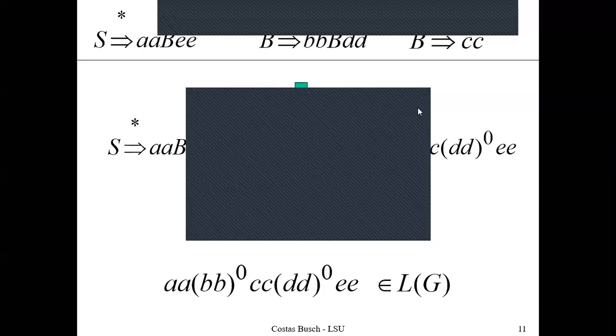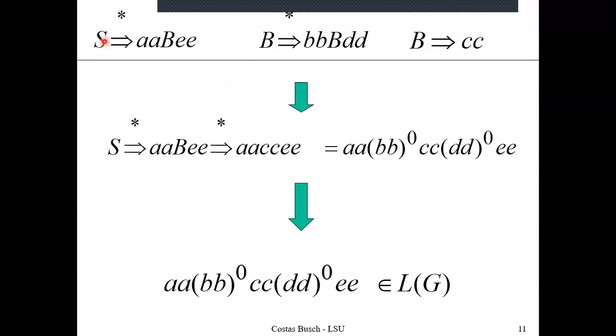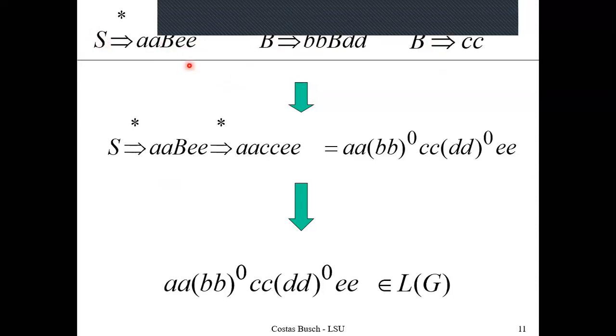So I have three sentential forms with me in the derivation tree of my original string. S giving me a square b e square, variable b giving me b square b d square, and the variable b giving me c square. When I look at the sentential form S producing a square b e square, this sentential form is going to give me a string until the variable b is removed.